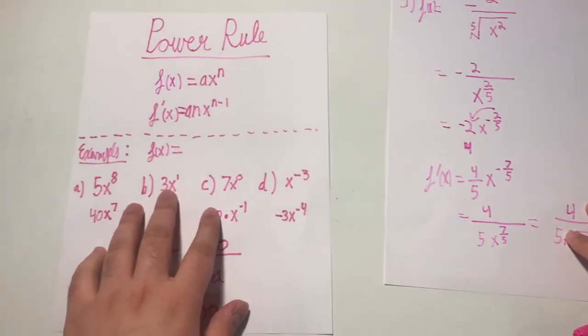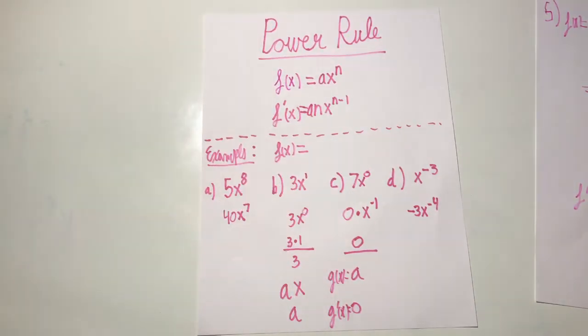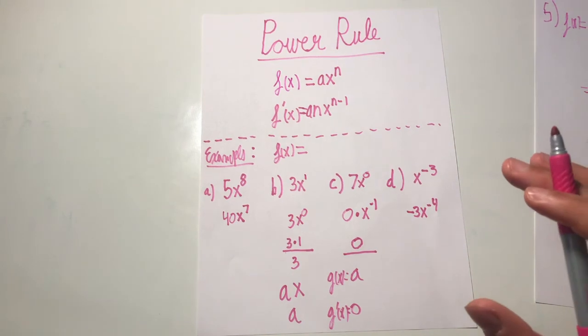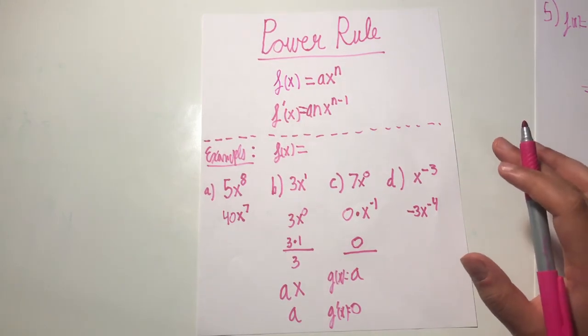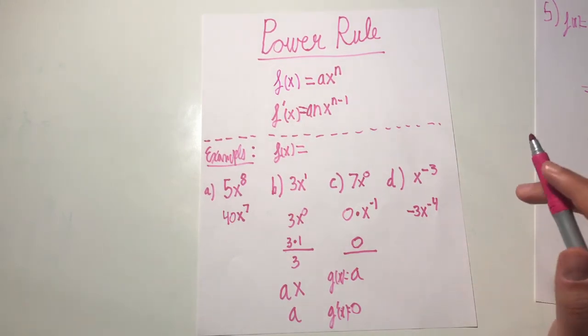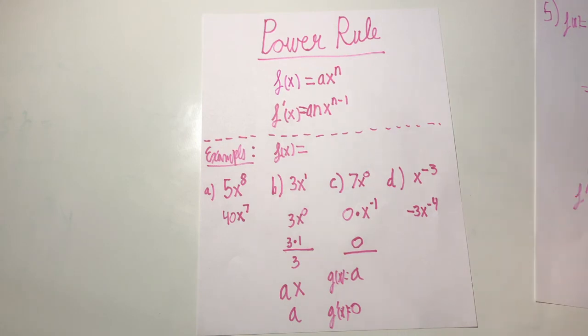So just to review, what we want to look for when using the power rule is just a number times x to some exponent, right? So 10 times x to the 4th, negative 7 times x to the 3 over 2, whatever that is. That's the form we're looking for.